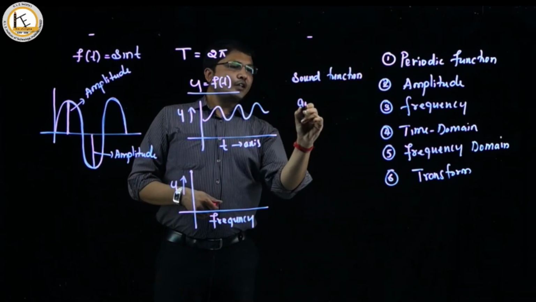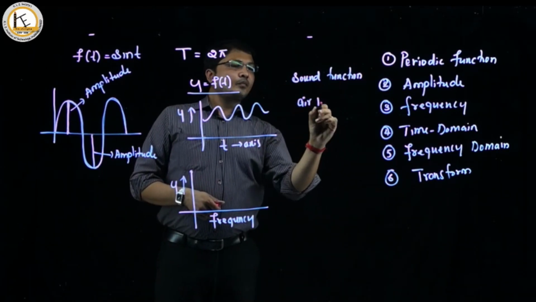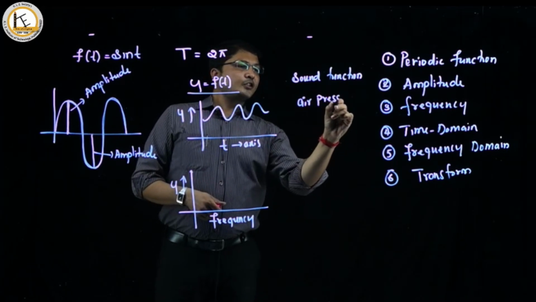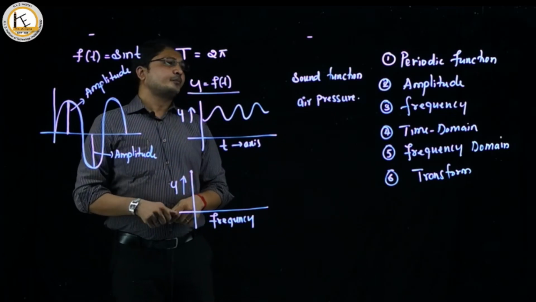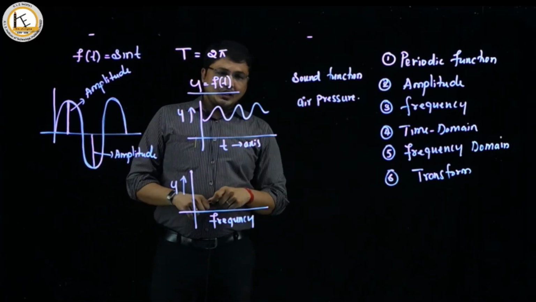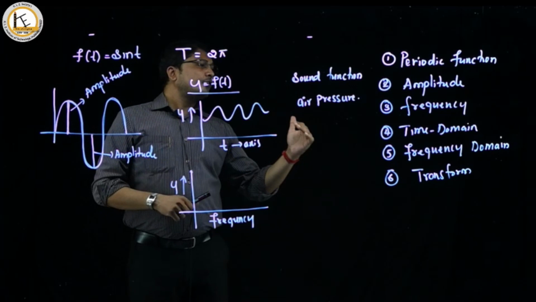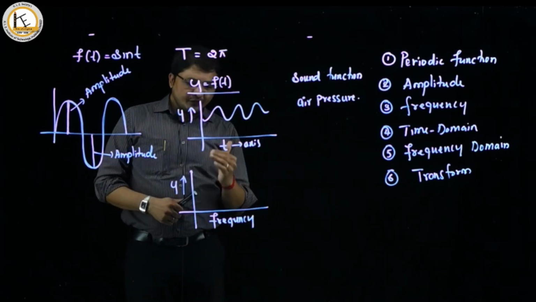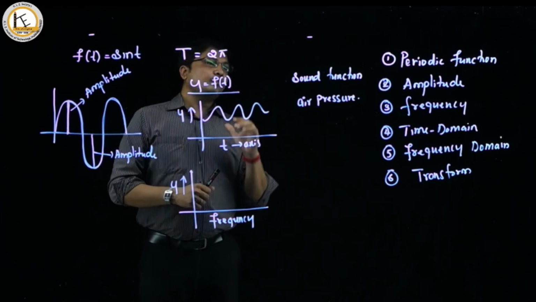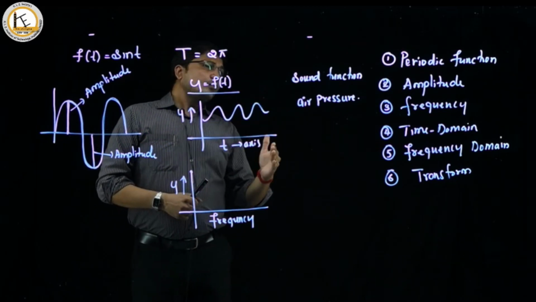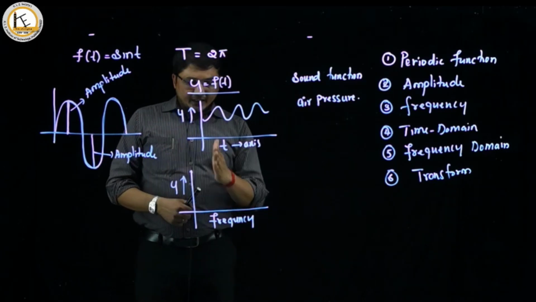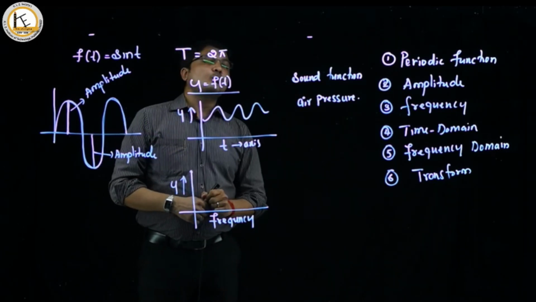In the sound function I am taking air pressure. Now, what is the meaning of frequency domain? In the frequency domain of a given function we study what the air pressure will be at particular frequencies.